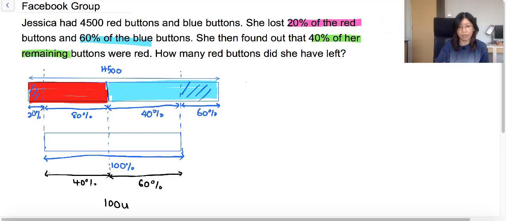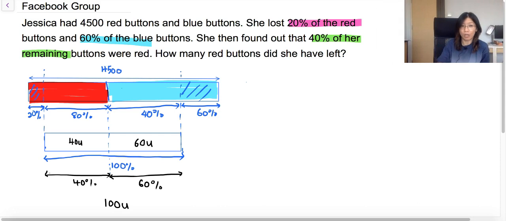If the remaining number of buttons is 100 units, then the red can be represented by 40 units and the blue by 60 units. Then I will work backwards to find out what is the 100% of this red and the 100% of this blue. That is actually very easy.